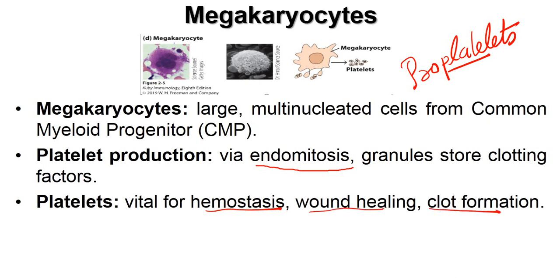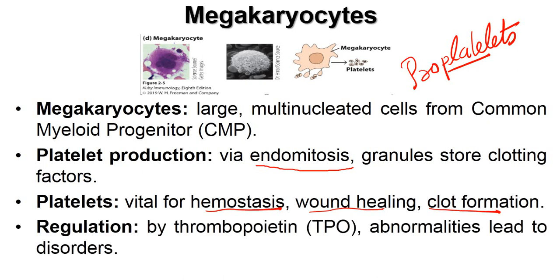So platelet is very vital for hemostasis. Further, the megakaryocyte production is regulated by thrombopoietin. Thrombopoietin, abbreviated as TPO. Any abnormality in the regulation of megakaryocytes will lead to several disorders such as low platelet count or high platelet count.